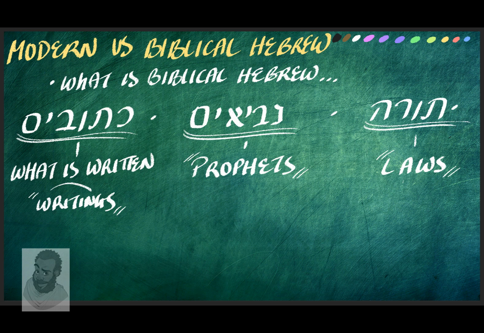Within the Torah, you have one particular type of language that's used. Nevi'im, same thing, and Kesuvim, same thing. So if you go through Tehillim and Mishle, Tehillim are Psalms, Mishle are Proverbs.